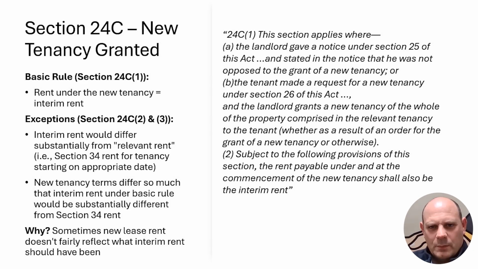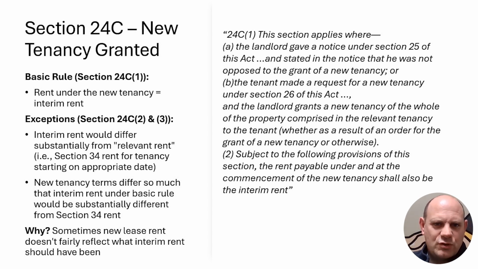The first exception applies where either party satisfies the court that the interim rent would differ substantially from what's called the relevant rent, that is the rent the court would determine under Section 34 for a new tenancy commencing on the appropriate date.